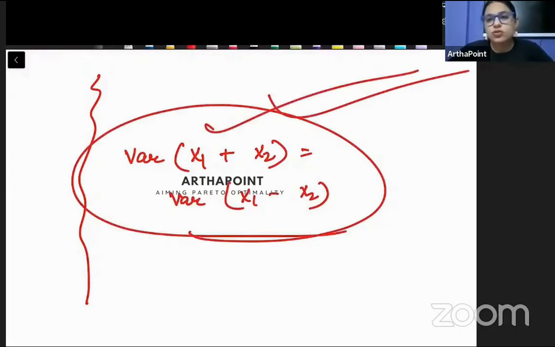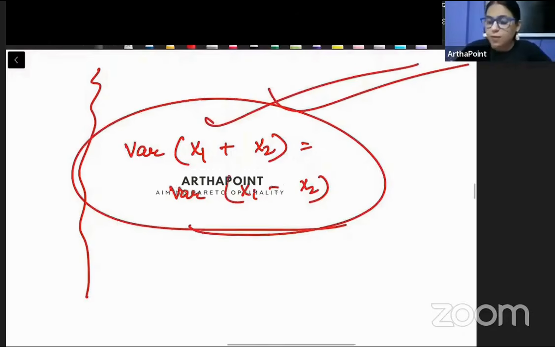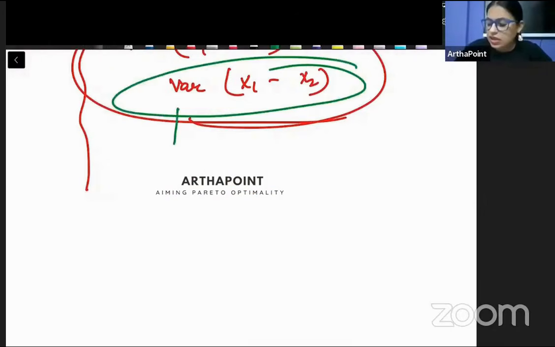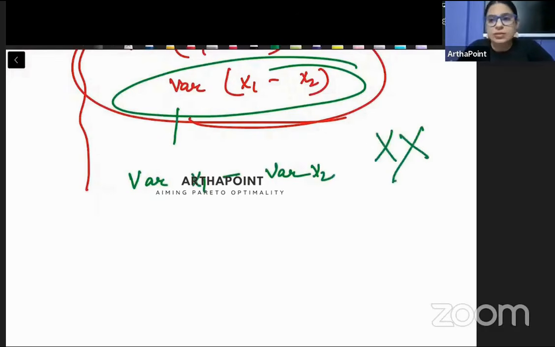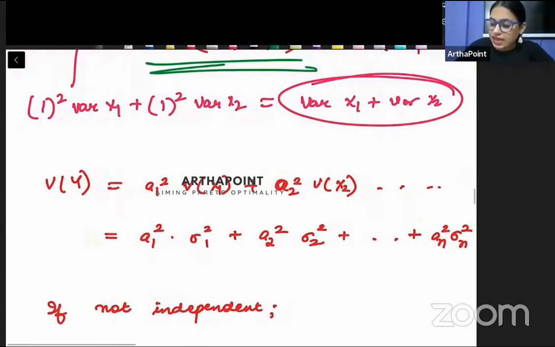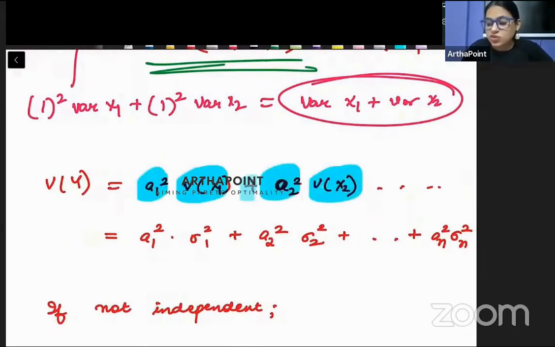An important question from the exam point of view. Many students make this mistake and write variance of x1 minus variance of x2. It is incorrect, completely wrong. Whether it is a negative sign or a positive sign, remember the formula. The formula is a1 square variance of x1, a2 square variance of x2, and you're putting plus in between, isn't it?